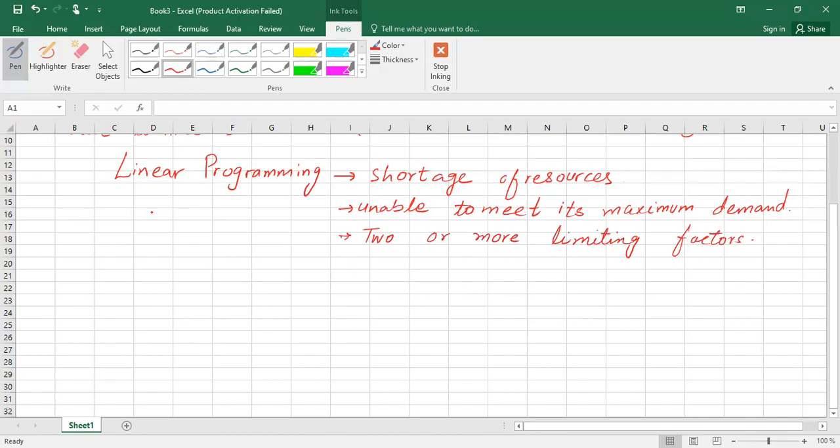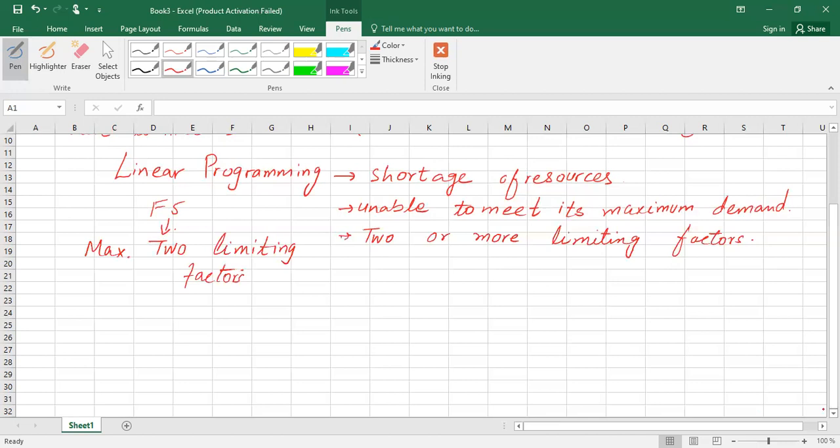Although in our F5 syllabus, the examiner will not ask more than two limiting factors. So the examiner will ask maximum two limiting factors.